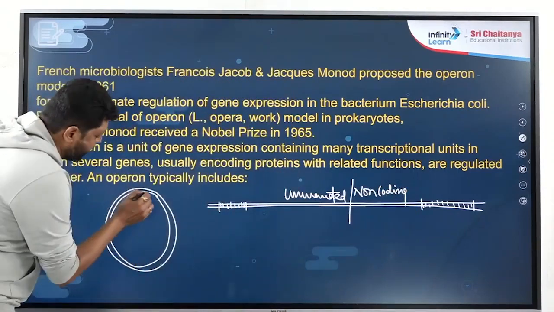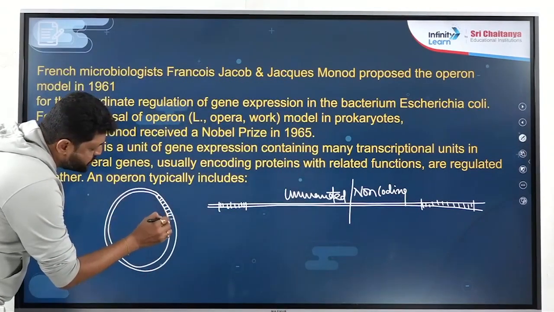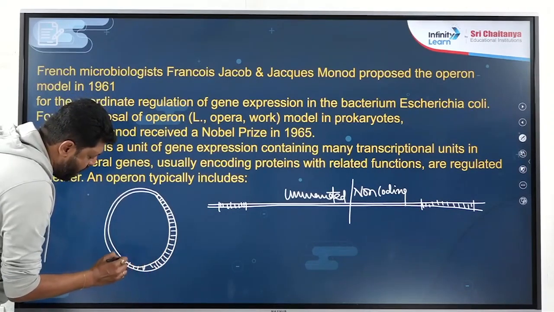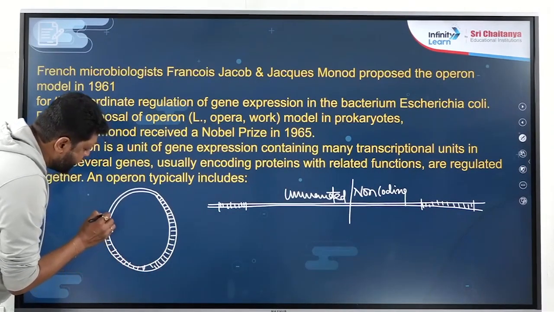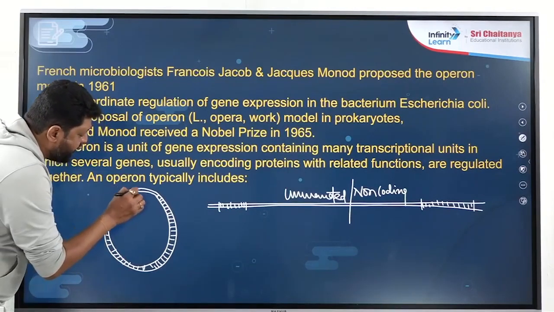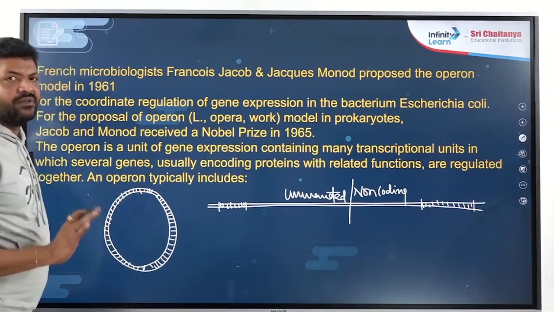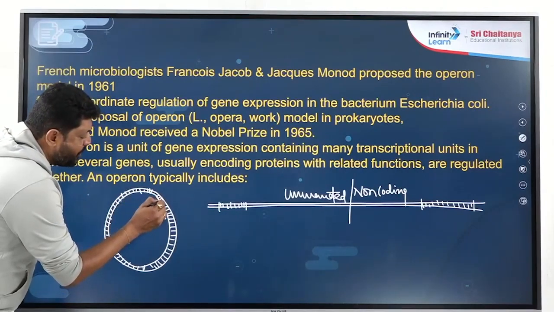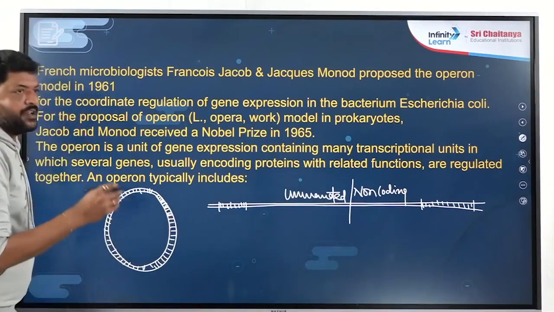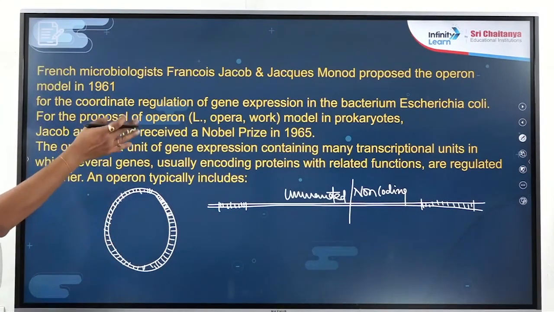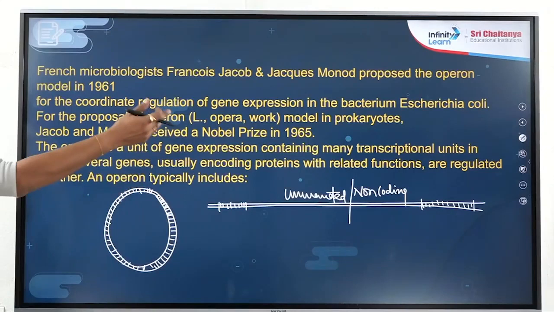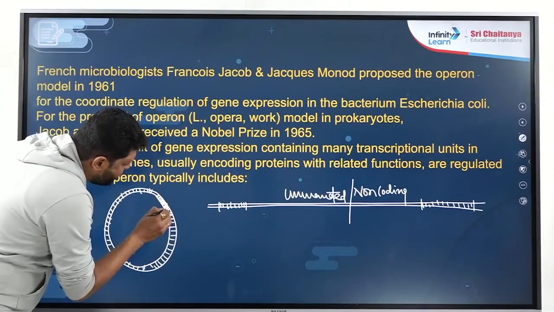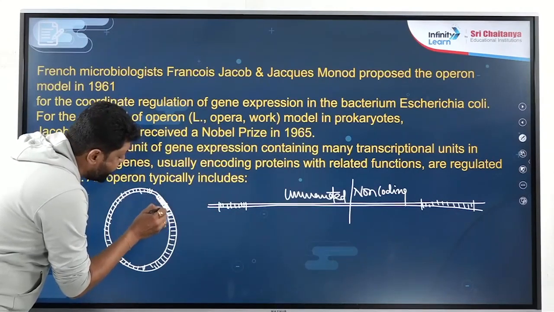But in prokaryotes, you see the beauty of the prokaryotic genes. Nothing is useless. All genes of a prokaryote concerned with a particular metabolism are present at one site only. I repeat again, in the lactose operon 6 genes are there: regulator, promoter, operator, lac Z, lac Y, lac A. All are present at one particular site only.